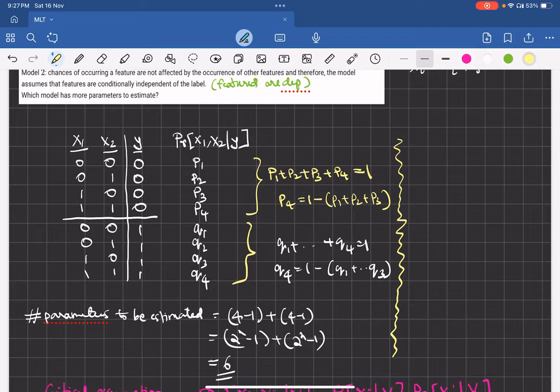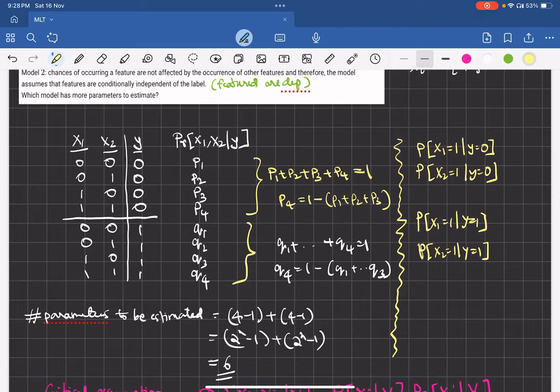That means we have to find out the probability that x1 equal to 1 given y equal to 0, the probability that x2 equal to 1 given y equal to 0. Similarly, the probability x1 equal to 1 given y equal to 1, and the probability x2 equal to 1 given y equal to 1. Right?